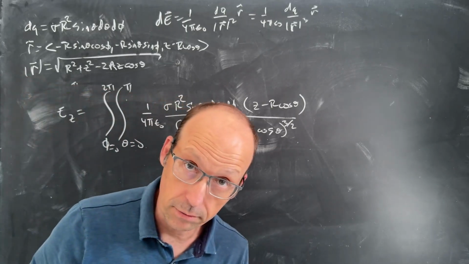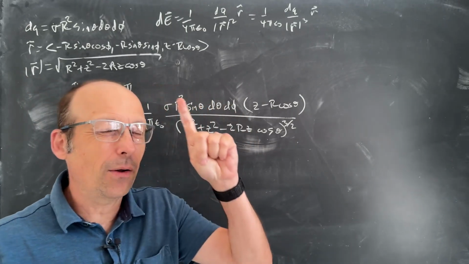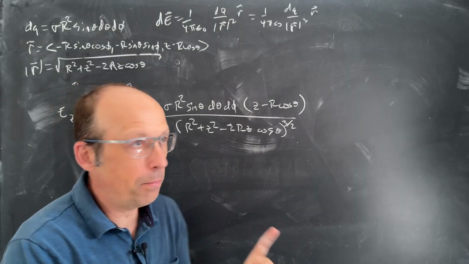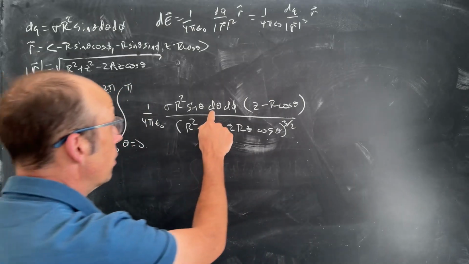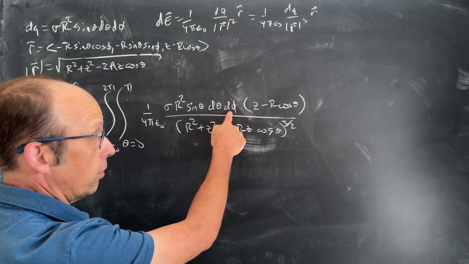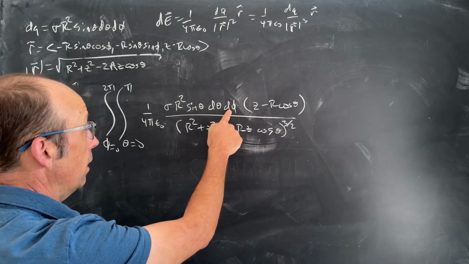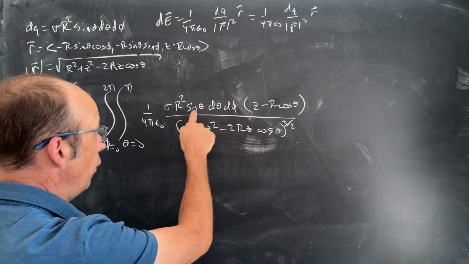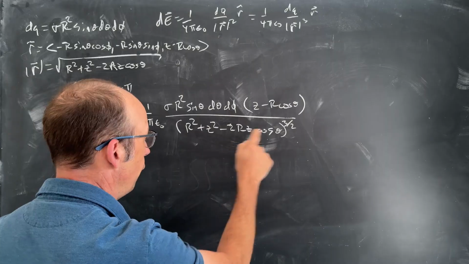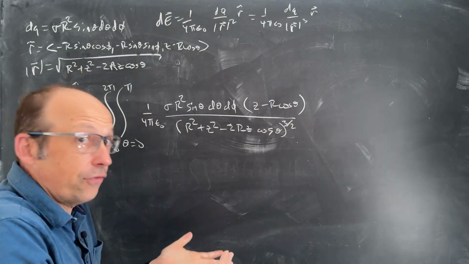Not a simple integral. But we can get part of it done. I can do part of this because right here, the d phi term, right? I'm looking, no phi anywhere else. So it's just stuff times d phi.